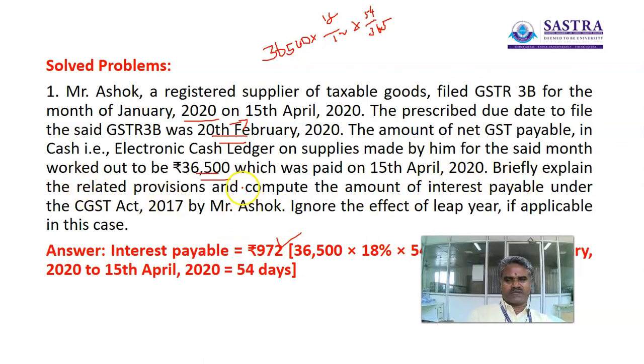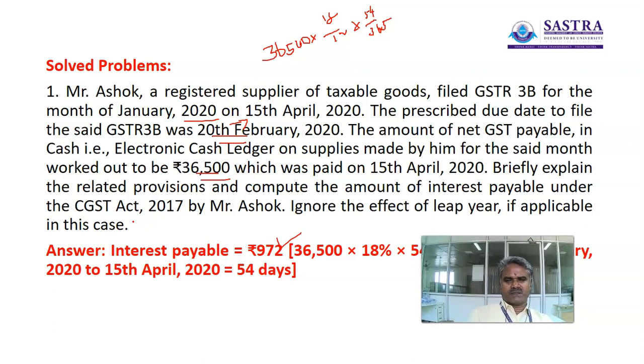Briefly explain the related provisions and compute the amount of interest payable under the GST Act. Mr. Ashok, include the effect of leap year if applicable. In the case of a leap year you have to take 366 days, but for the purpose of calculating interest you ignore the leap day.